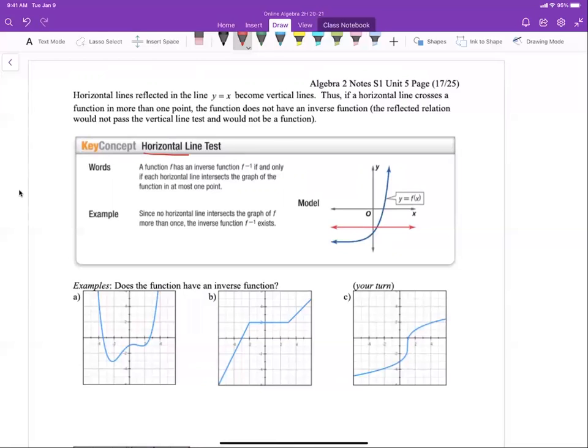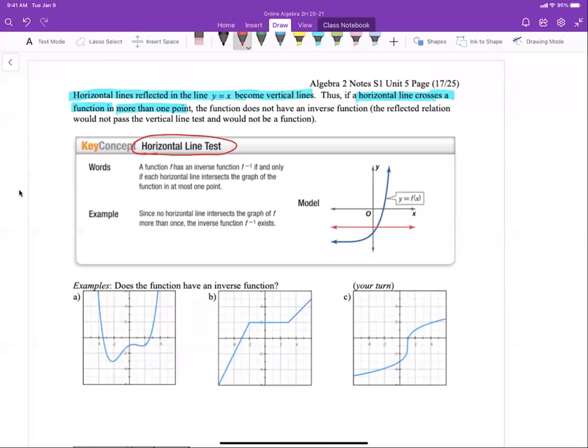It has to meet a horizontal line test. Horizontal lines, when reflected across the y equals x line, become vertical lines. So if a horizontal line crosses the original function in more than one point, then there is no inverse function.